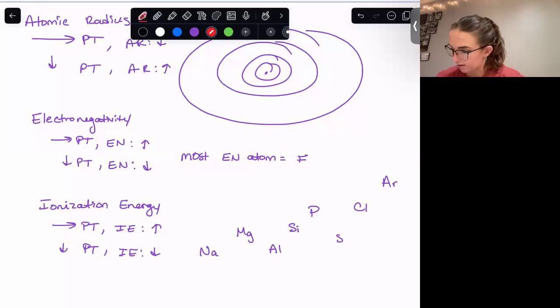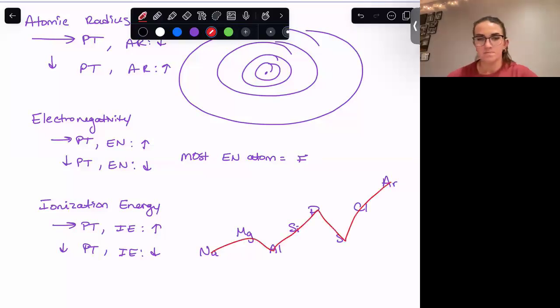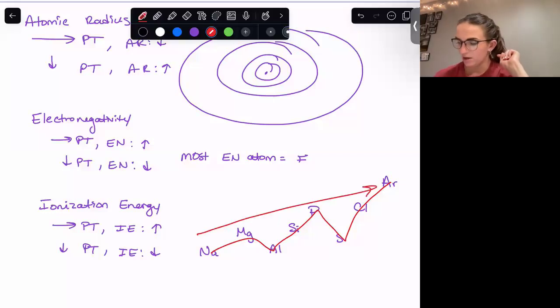So your trend goes up, then down, then up, then down, then up again. So overall, it generally increases, but there is a slight exception.